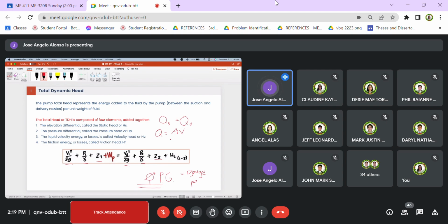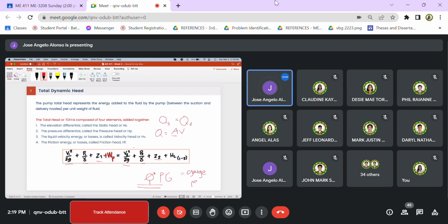The velocity will change if the area of our suction and the area of our discharge flange are different. So when they are different, there will be a difference in velocity, or there will be losses between the suction and the discharge part. But if they have the same area, the same diameter, then we can cancel both. We can cancel the velocity difference because there is really no difference, it's zero.